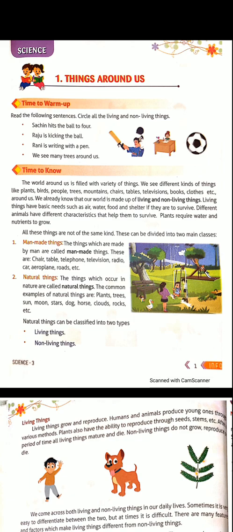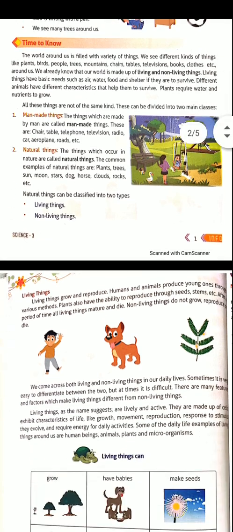See, they have told us what? Natural things can further be divided into two types: one is living thing and the other is non-living thing. These are the two types of natural things. Now let us read about living things. Open page number 2.